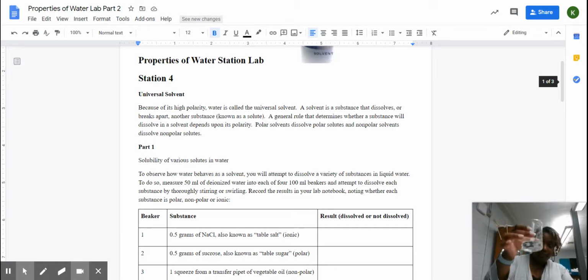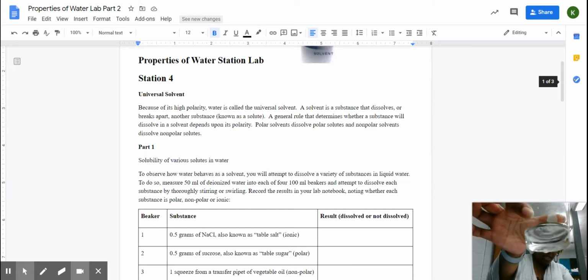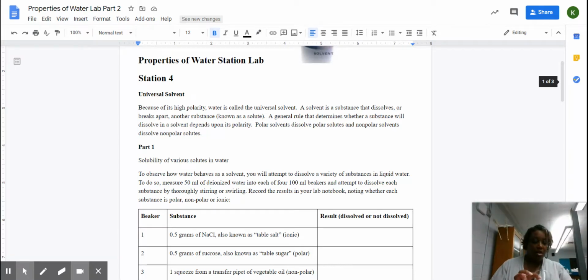It's dissolving. Notice you can't see any of the salt particles because the salt has dissolved. Ta-da. All right, so you need to put your results in the table. You see it dissolved. I'm going to rinse this out.